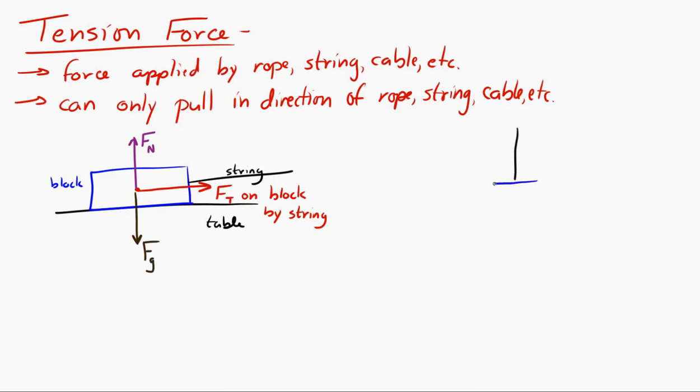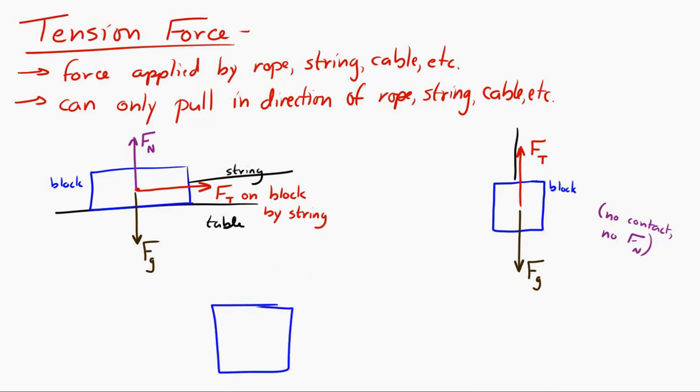And I could draw a different situation. Let's say we have a block hanging by a string. Well, then the tension force would be in the direction that the string pulls, which is upward. And there's also a gravitational force, which is directly downward. And then I could imagine a different situation with maybe two strings at different angles like this, and they're holding up a block.